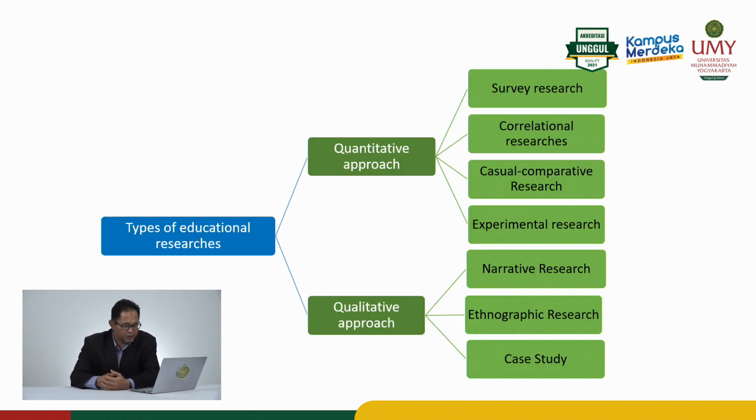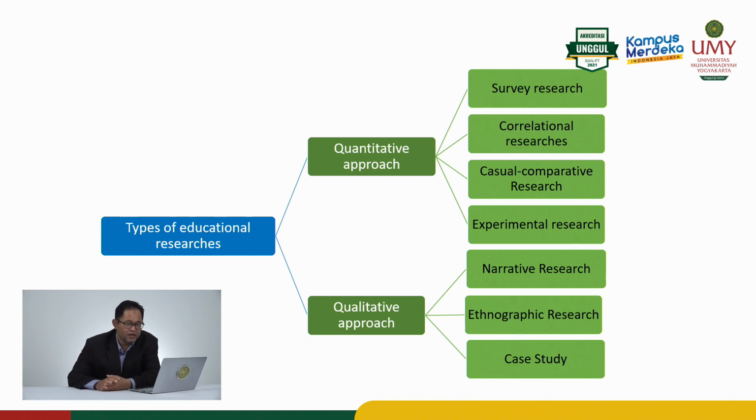Then when we talk about the types of educational research, we can have two approaches. The first one is the quantitative approach, and the quantitative approach usually has several designs, like survey research, correlational research, causal comparative research, and experimental research. These can be included in quantitative research in the education field.